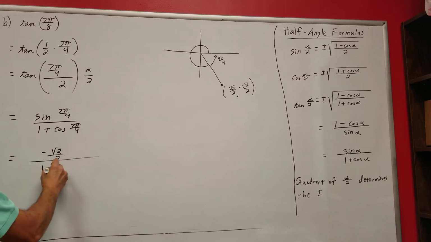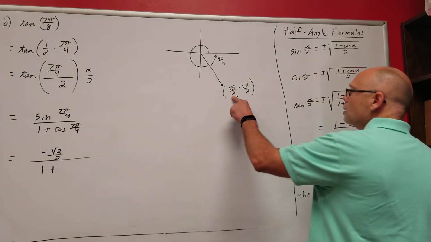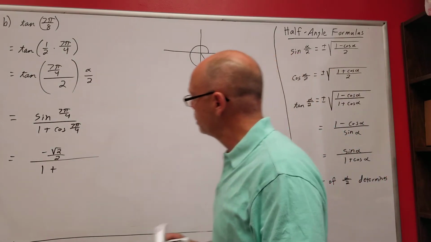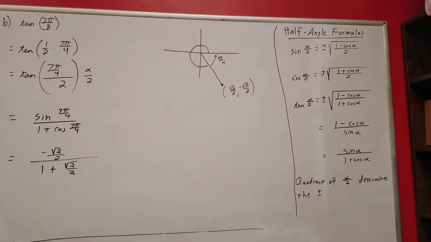Over 1 plus, what is the cosine of 7 pi over 4? Cosine is square root of 2 over 2. Again, I don't like fractions over fractions, so what am I going to do? I'm going to say, okay, negative square root of 2 over 2 over 1 plus square root of 2 over 2.